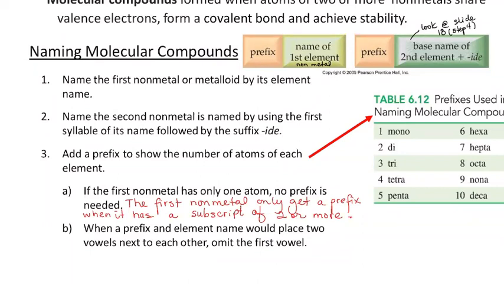Let's say that we have CO, okay? What is the name of the nonmetal symbolized by the capital C? Let's put it on the chat. What is the name of the first nonmetal that is symbolized by the letter capital C?